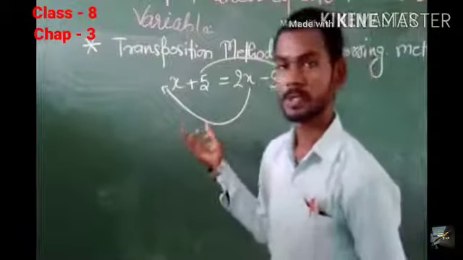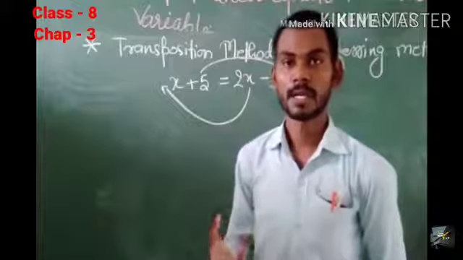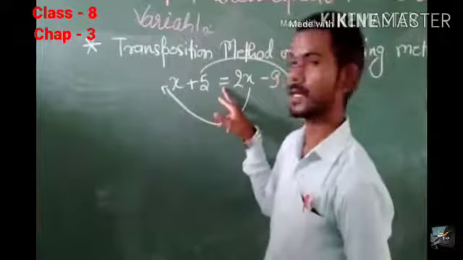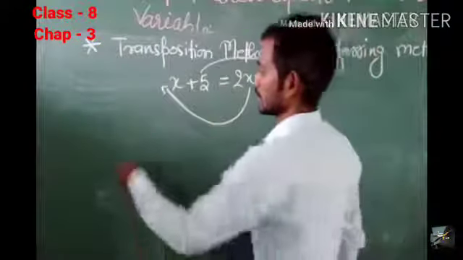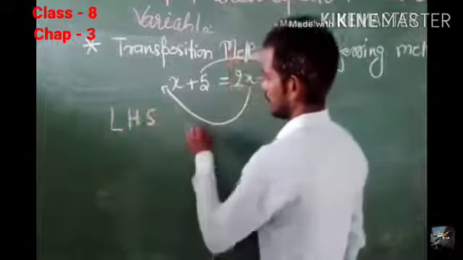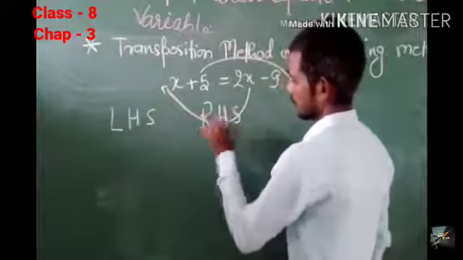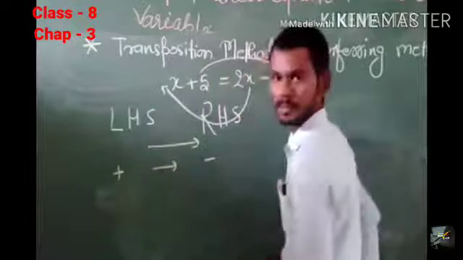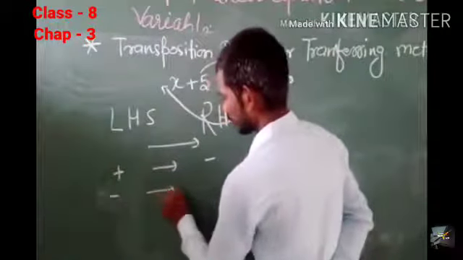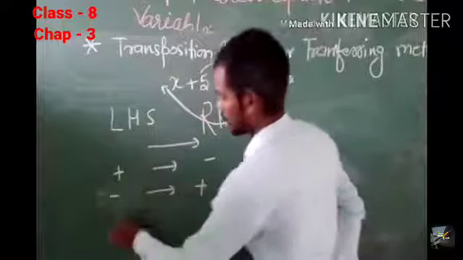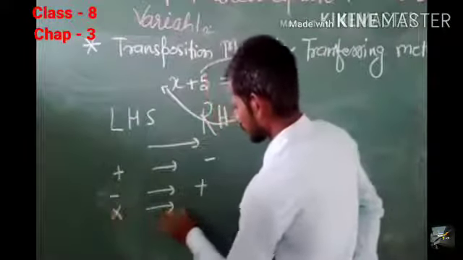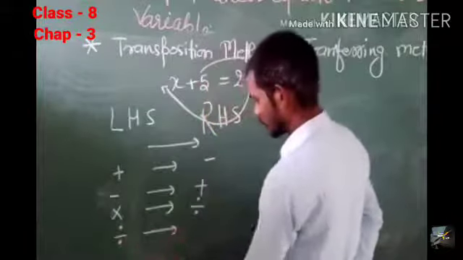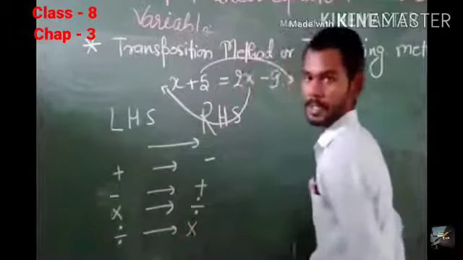In transposition or transformation, the sign of the quantity changes when it crosses the equal sign. That is, going from the left hand side to the right hand side, addition becomes subtraction, subtraction becomes addition, multiplication becomes division, and division becomes multiplication.